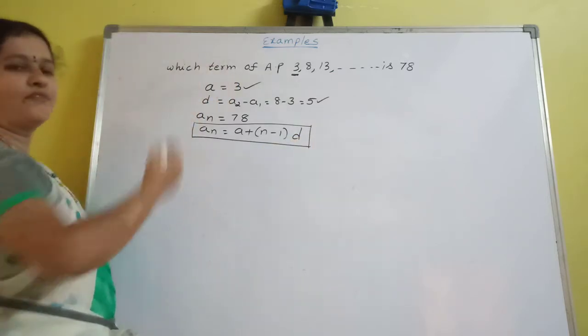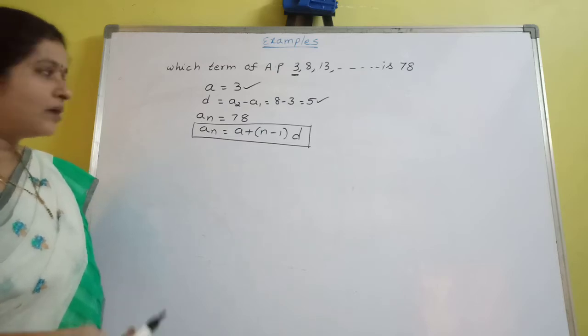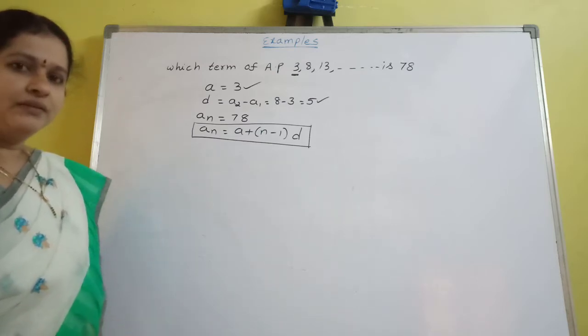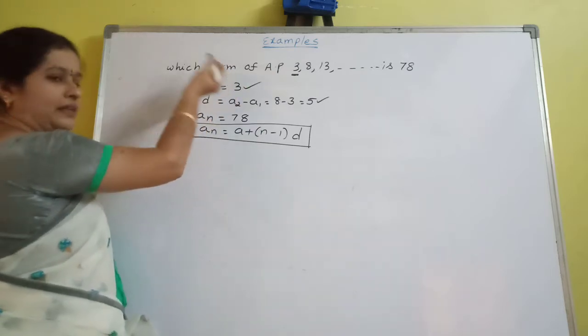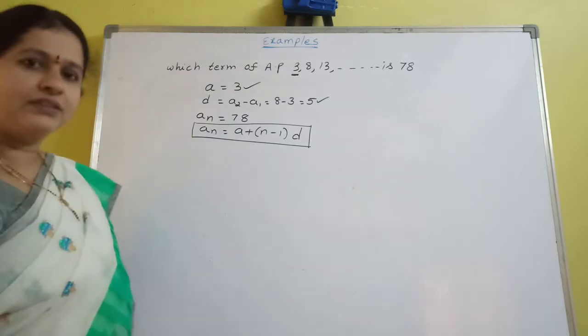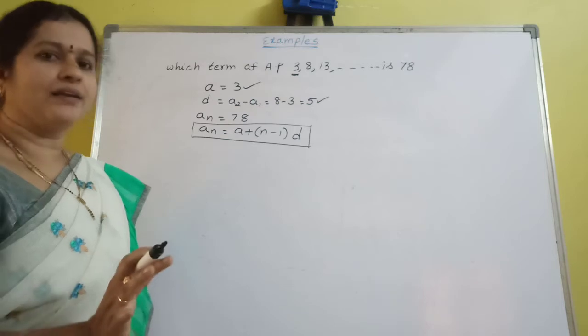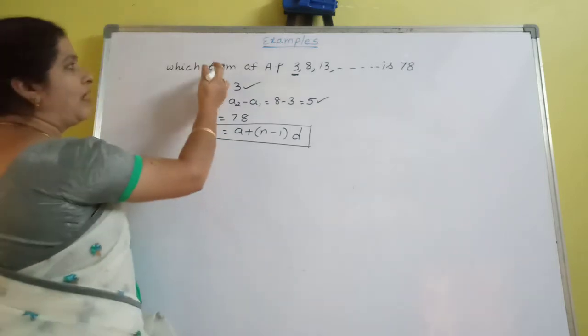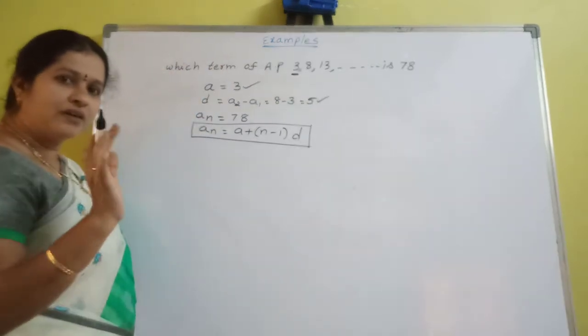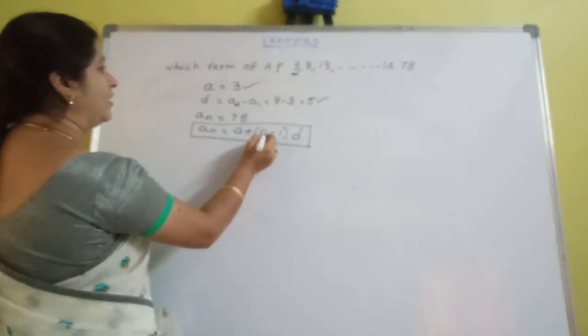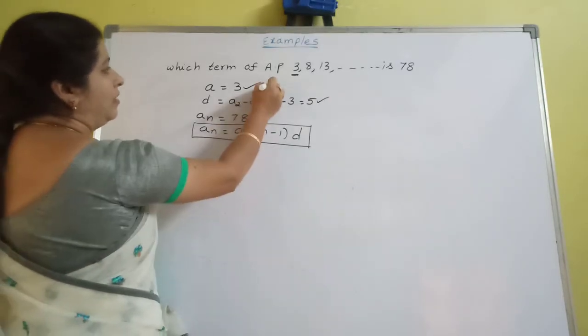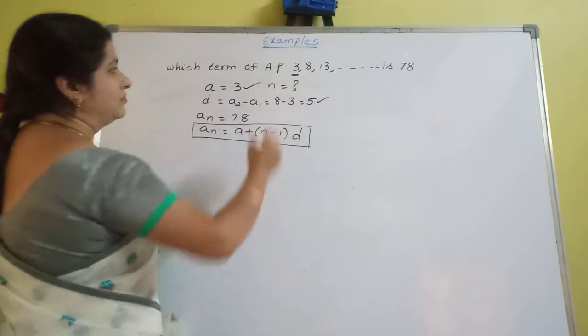Which term of the AP means, which term means it is either the 20th term or 30th term or 50th term. You have to calculate this. So let it be n always. The term is always denoted by n. So you have to find the value of n here.